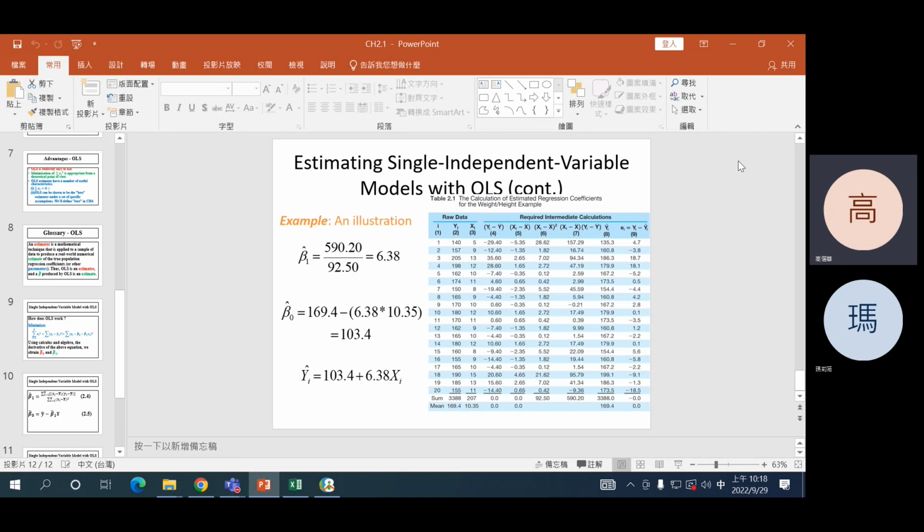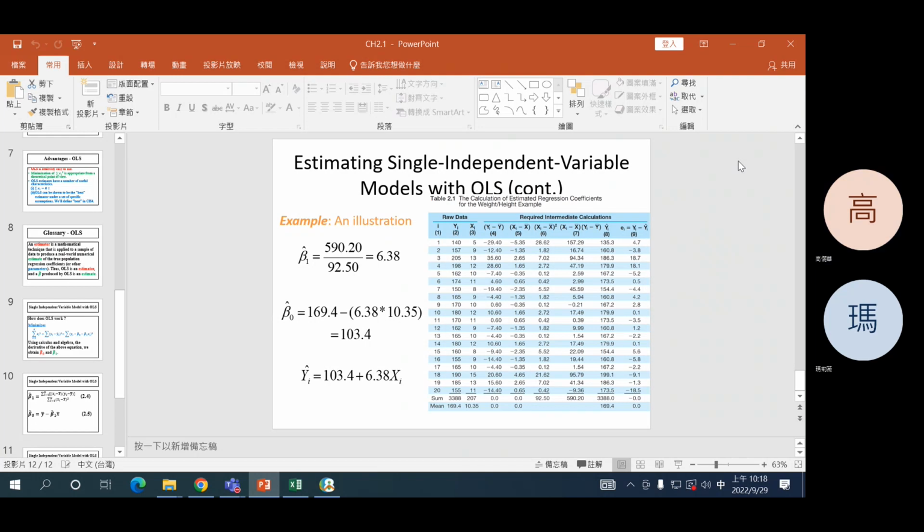So if I use this one to calculate, I should have some rounding errors, not exactly right. Therefore, just for practicing, you can use either 103.4 or 103 point something, no matter how many decimal places you like to use.